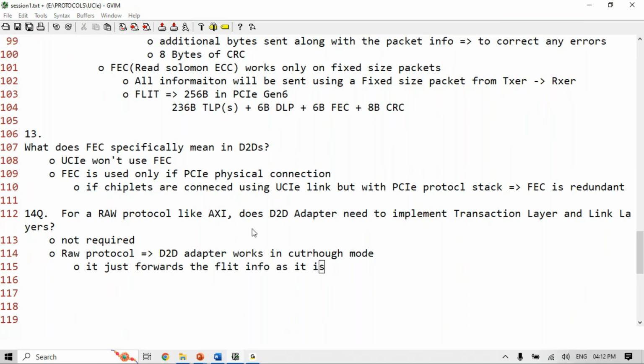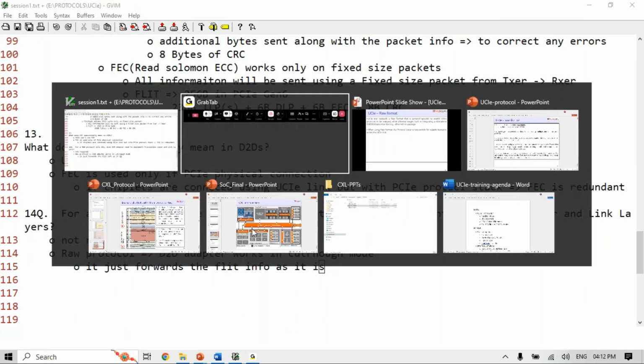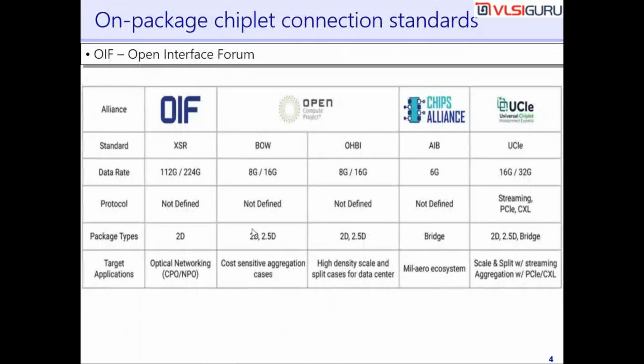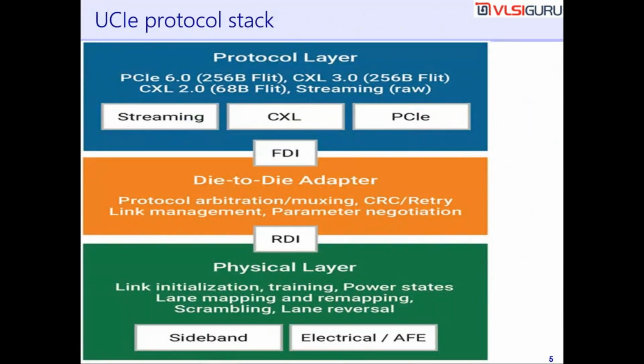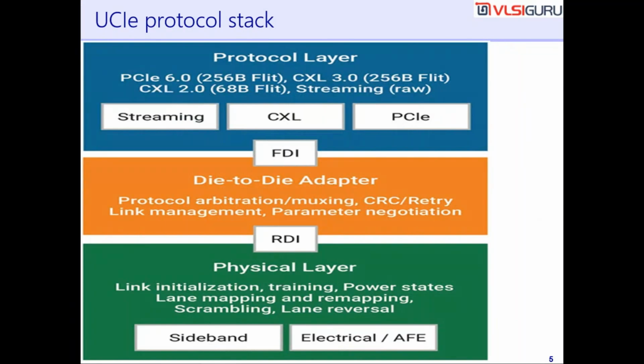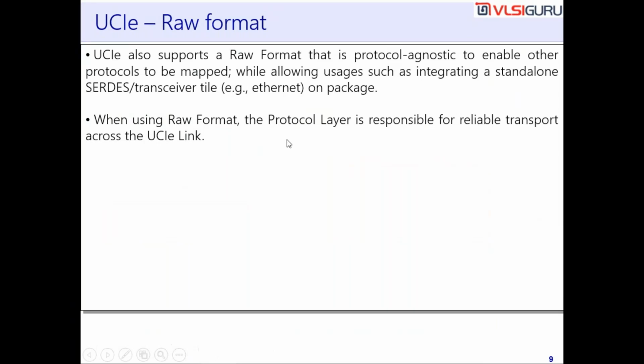If any error happens, it is the responsibility of the protocol layer, if it is raw format. It just forwards it and doesn't make any changes. Only if it is CXL or PCI Express, it modifies, and then transmits the modified content. Sandeep, I hope it answers your question.